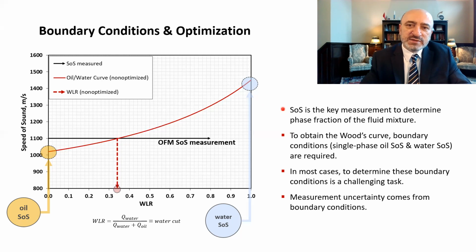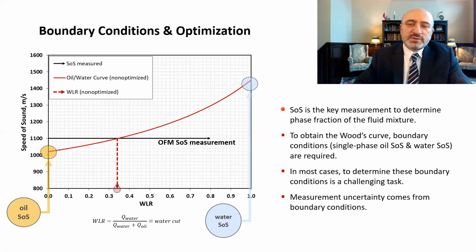If the difference is more than 5%, we would like to run the optimization process. That 5% may change from one operator to another. Sometimes some operators may have tighter requirements. They may accept maybe 3% instead of 5%.